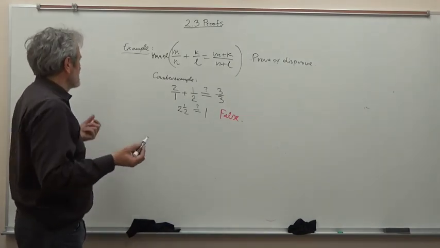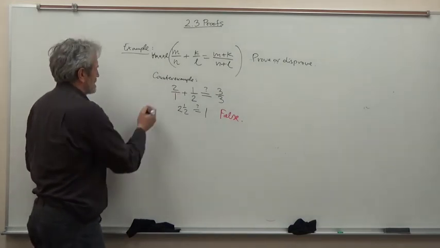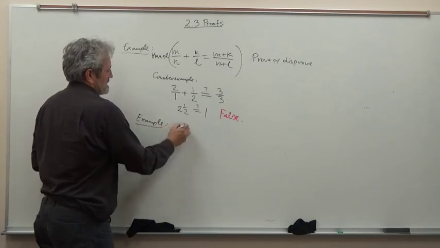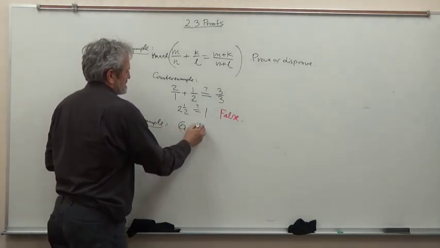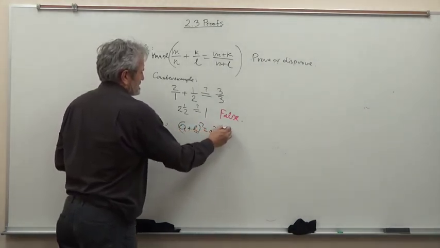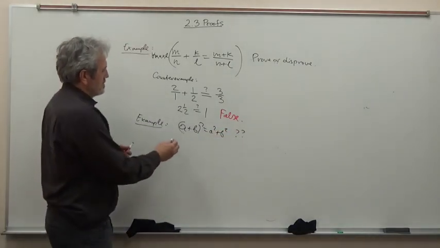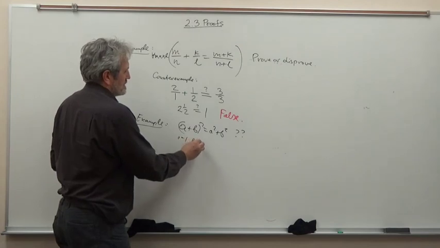The same way, for example, when you want to convince someone, and it's not about rational numbers. For example, when people say a plus b squared equals a squared plus b squared, is that a valid law? Then you just take an example and say a equals 1, b equals 1.